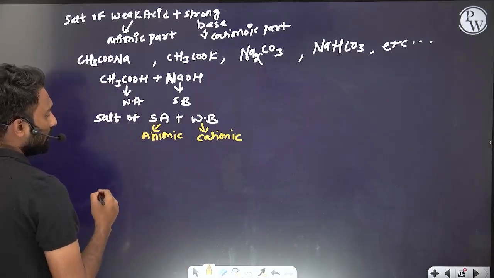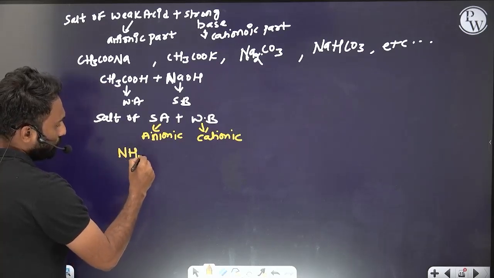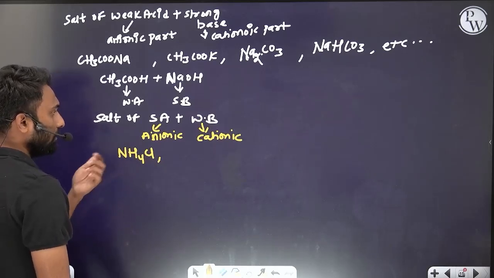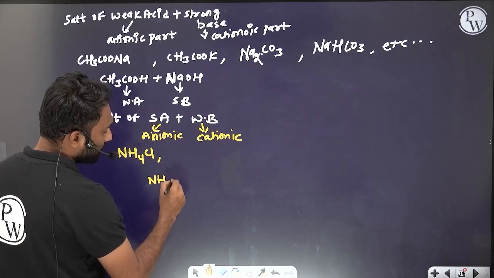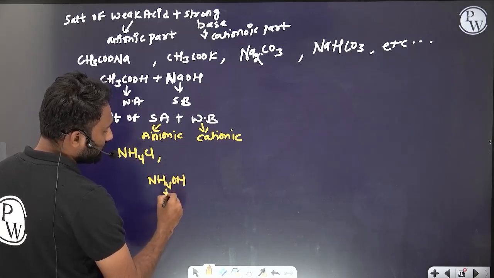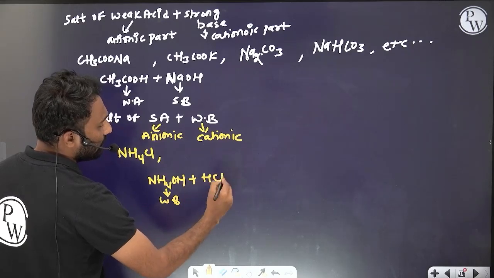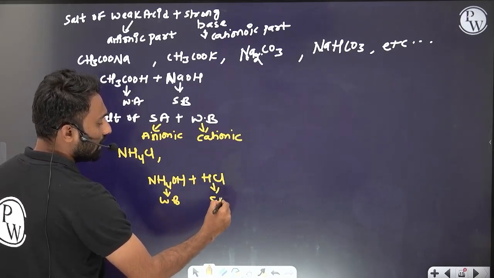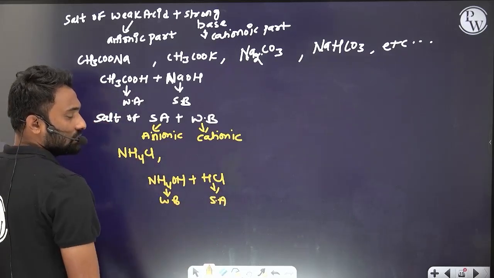Now strong acid and weak base. Look here: ammonium chloride. Ammonium hydroxide is a weak base. Now HCl is a strong acid. Now ammonium chloride has come from the weak base and the strong acid.